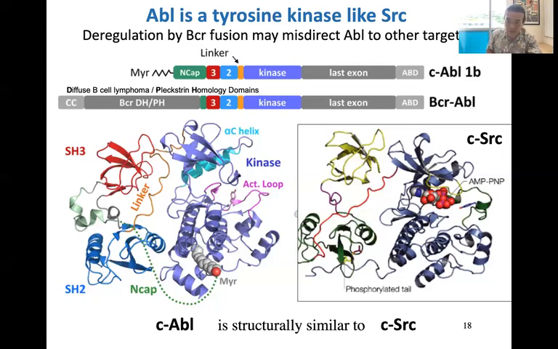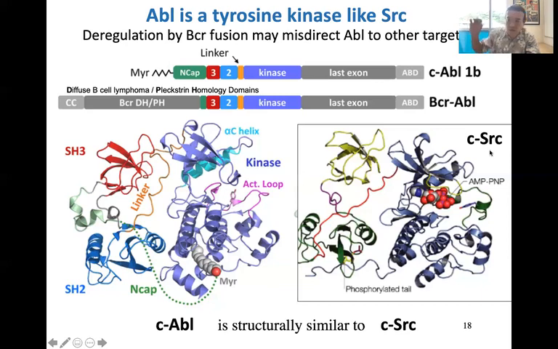Just to make a note, I show you the structure here because this is ABL, and you can see it has SH2 and SH3 domains as well as a kinase domain. Compared to Src, ABL is very similar in structure.